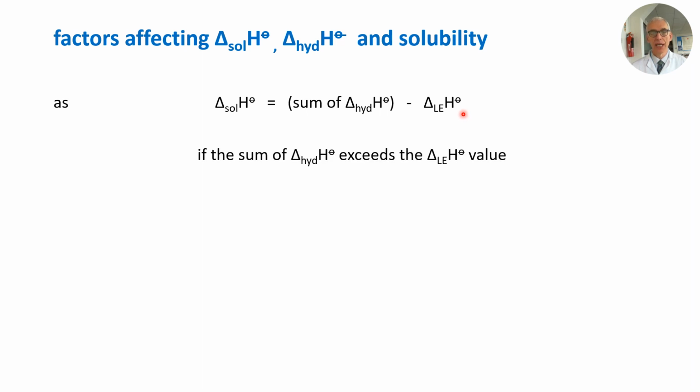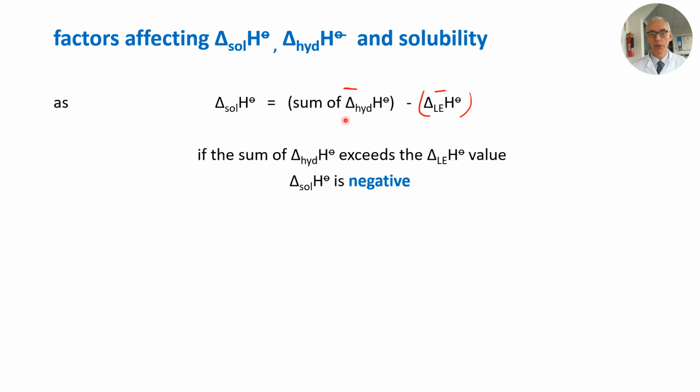So if the sum of the enthalpies of hydration, which, don't forget, are all going to be negative in value, exceeds the lattice enthalpy value, don't forget the lattice enthalpy is also going to be a negative value, then the enthalpy of solution will be negative.